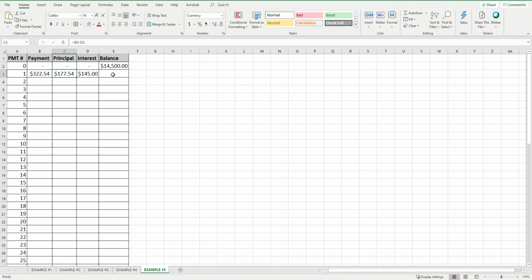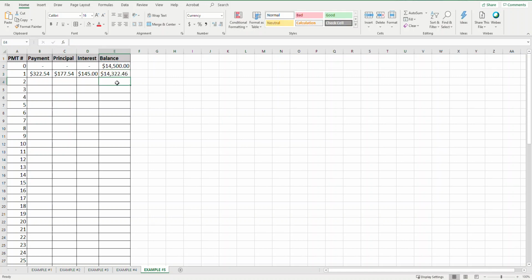Now, how do we get the new balance at the end of the period? Basically, you'll take this initial amount minus the principal, and then you just hit enter, and see how that gives us the same ending balance that we had.